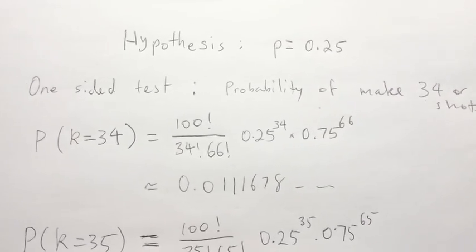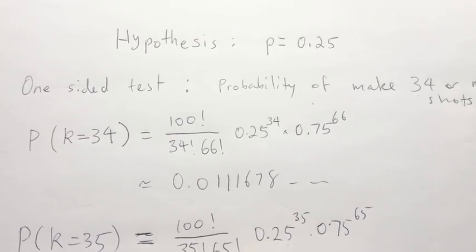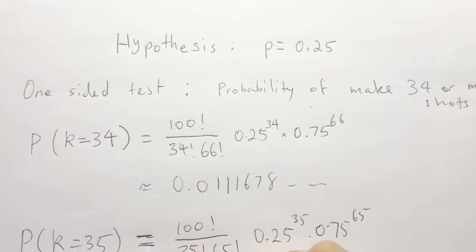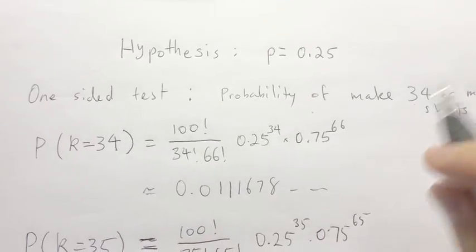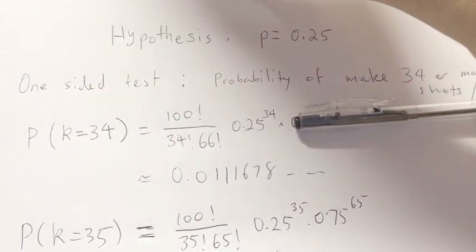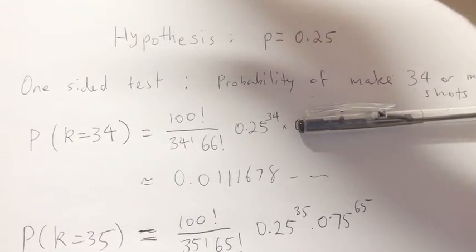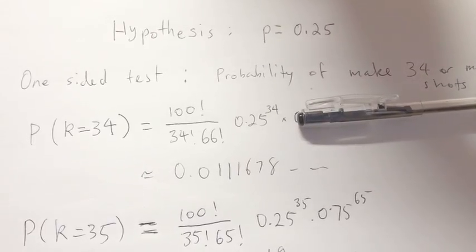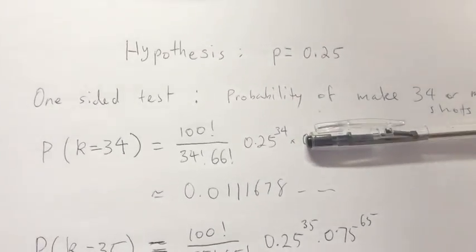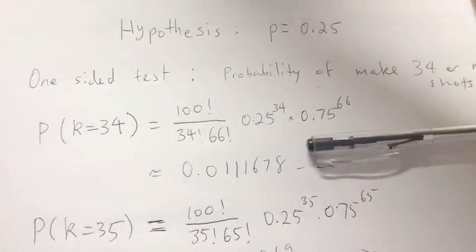And try the probability of 36 shots. Alright, I'll just put it straight in. It'll be like 100 factorial over 36 factorial, 64 factorial, and the powers will be 36 and 64.